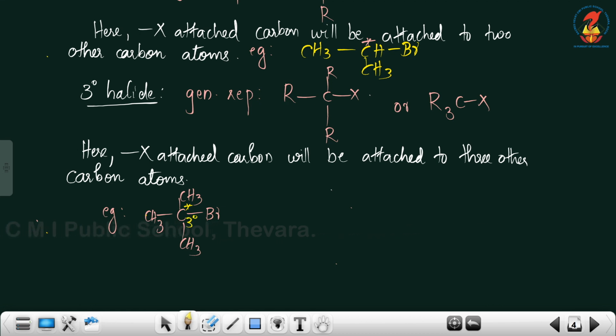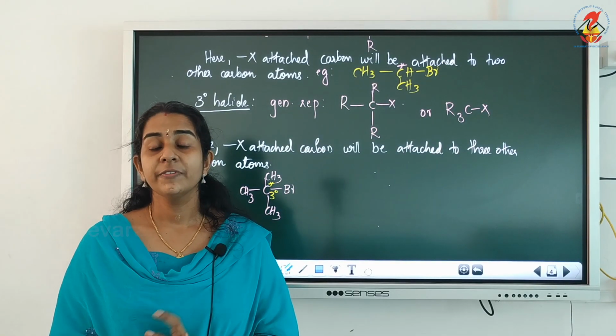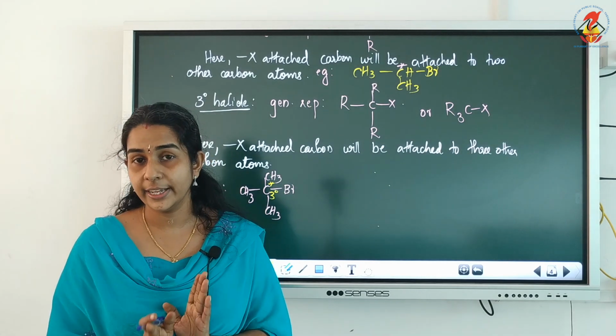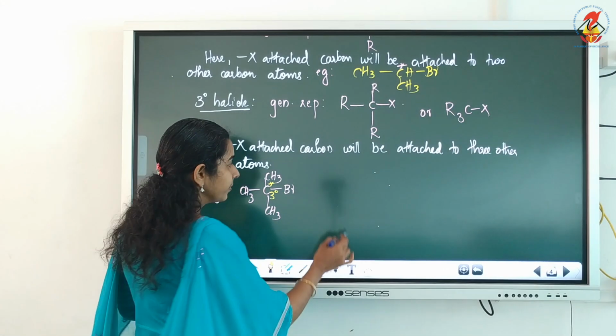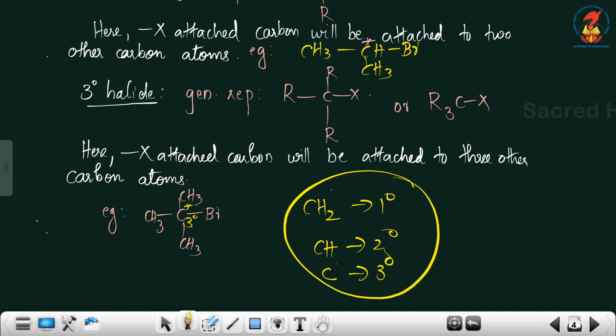In order to classify a halide as primary, secondary or tertiary, we have to see only the X attached carbon. If the X attached carbon is CH2, it will be primary. If it is CH, it will be secondary. If it is C only, it will be tertiary.